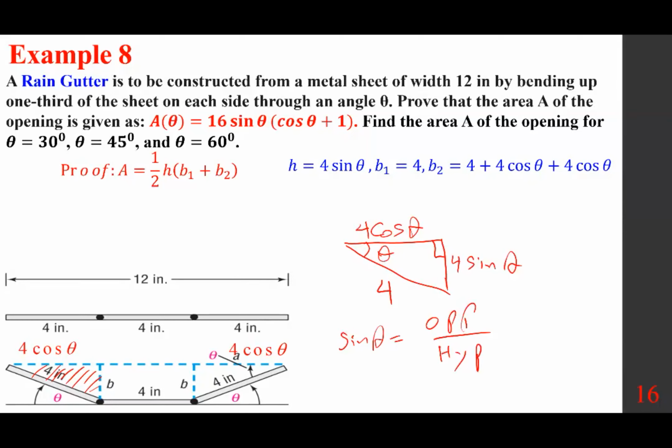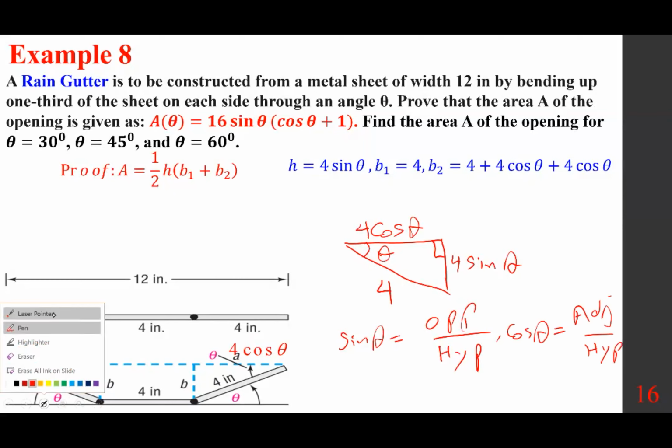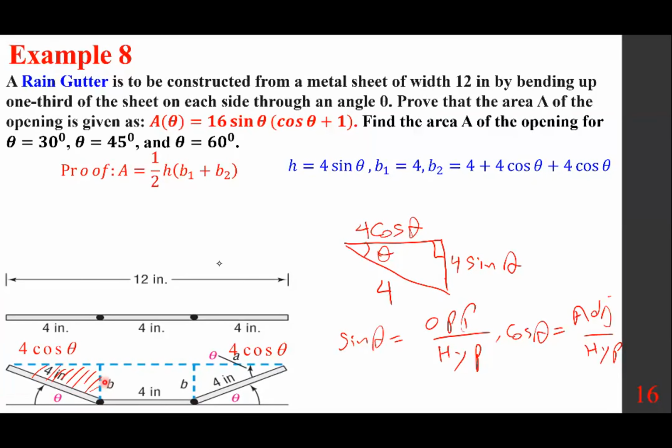And cosine is the adjacent, the one next to it, over the hypotenuse. These are some basics from a right triangle everybody remembers. And this is the height for sine theta, the height for this triangle. Okay, and this is for cosine theta.